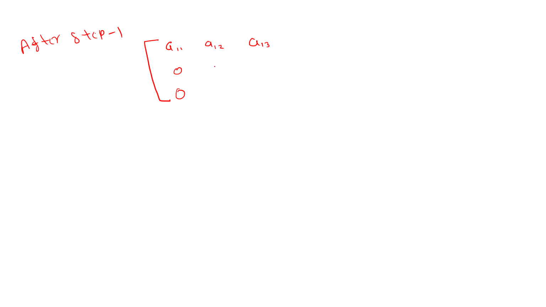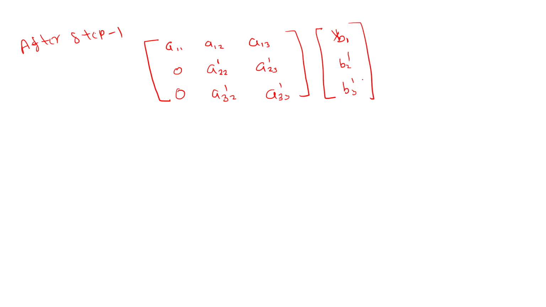And we will have the change in A22, that will become A22 prime with that row operation, and A23 prime with the second row operation, and A32 prime, A33 prime. Also we will have changes in the B1, B2 prime and B3 prime, because since we are doing row operation, row operation will also affect the coefficient B2 and B3.